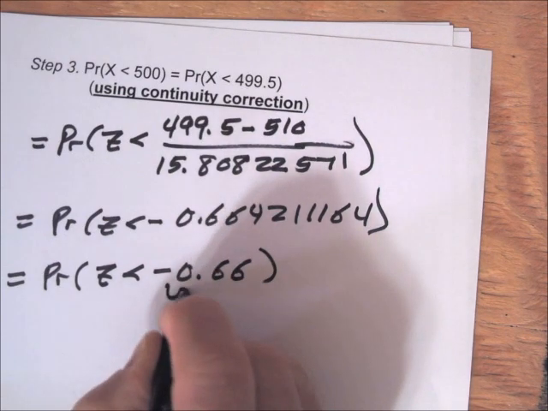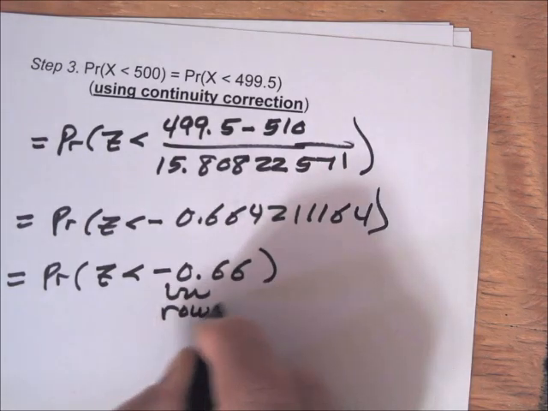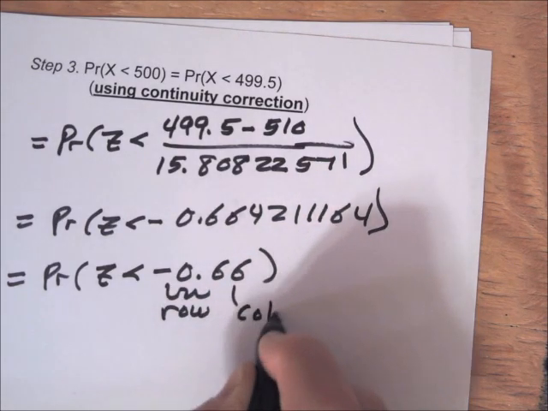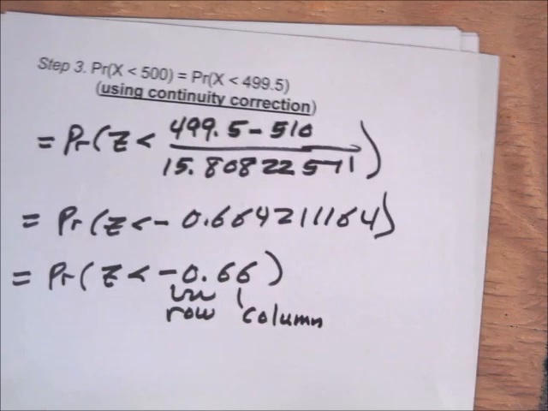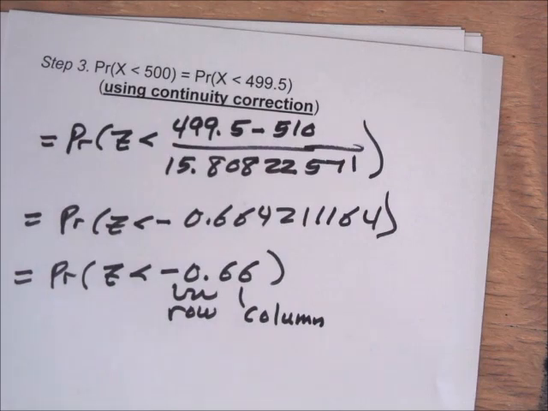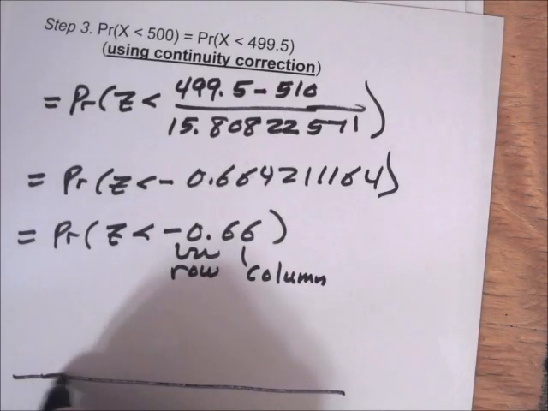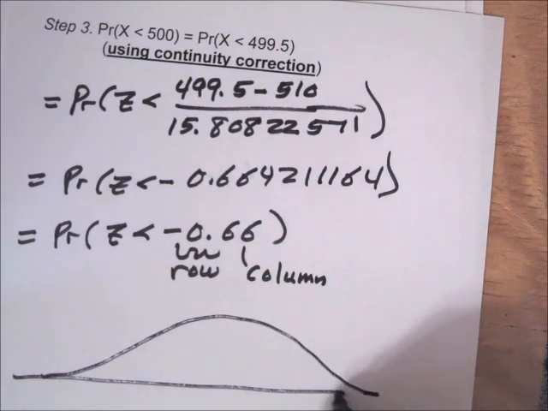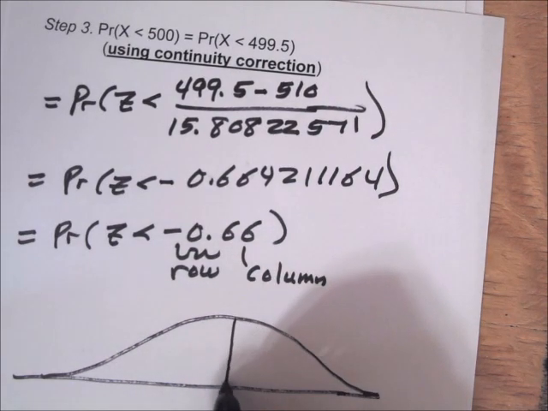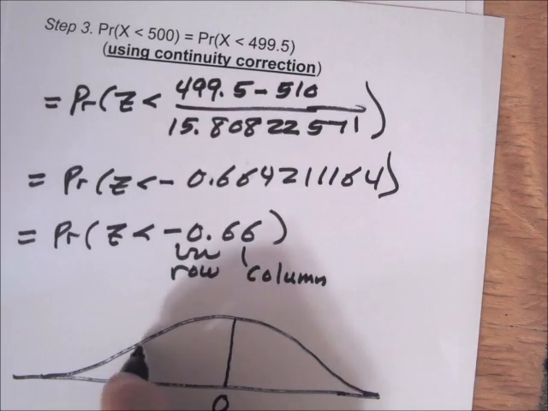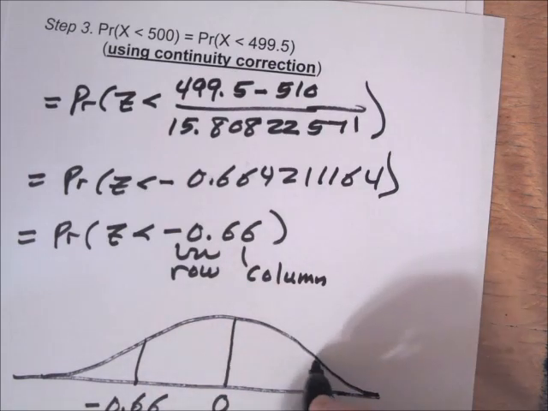And we want to look in row 0.6 and column 6 of the z-table. And so again, in our text and also in the course files, we don't have the negative z-scores in here.